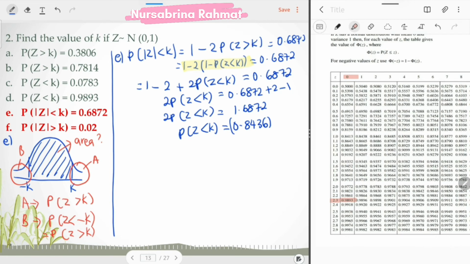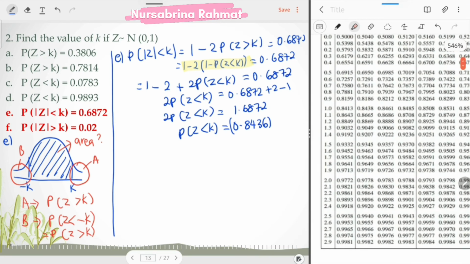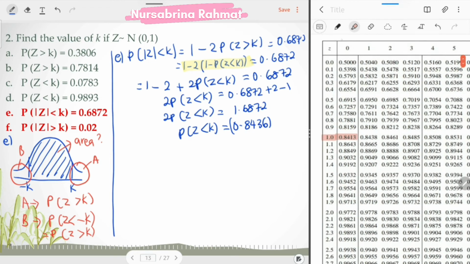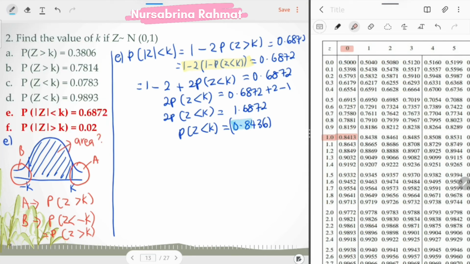So you need to find the z-score when your probability is 0.8436. Okay, so let's zoom in. For 0.8436, the closest one is 0.8413, corresponding to a z-score of 1.00. So we need to find the difference between 0.8436 and 0.8413. 0.8436 minus 0.8413, so the difference is actually 23 times 10 to the power of negative 4.